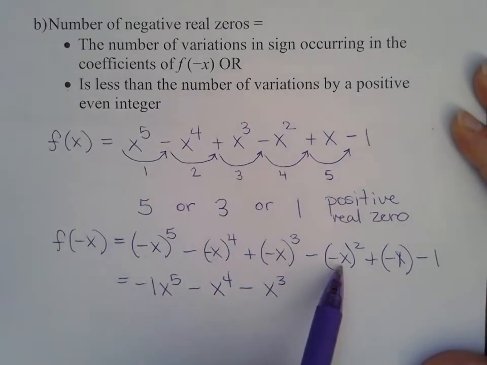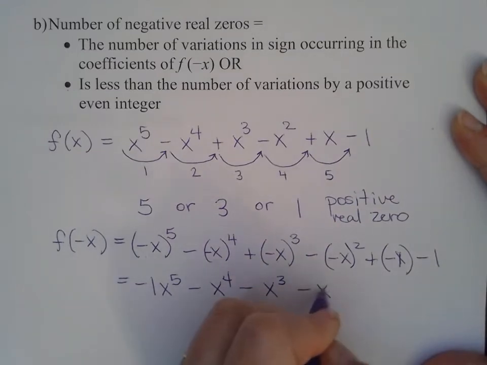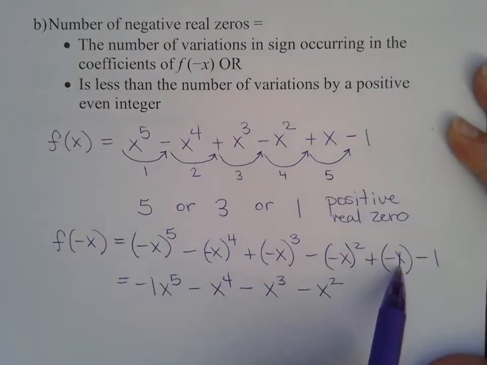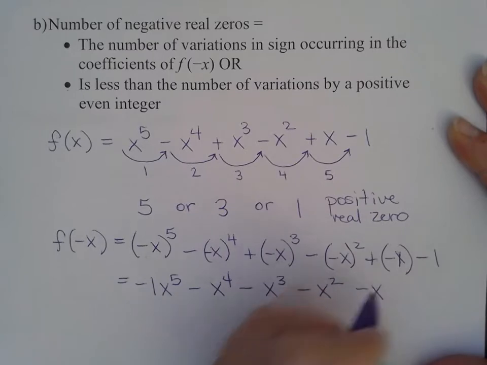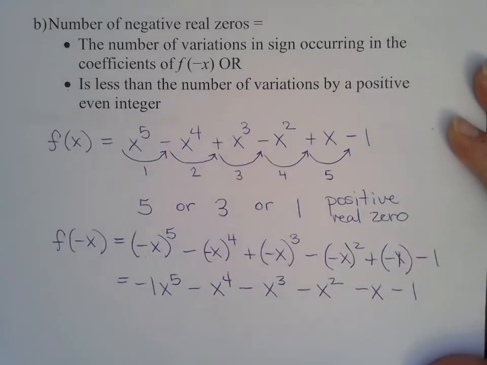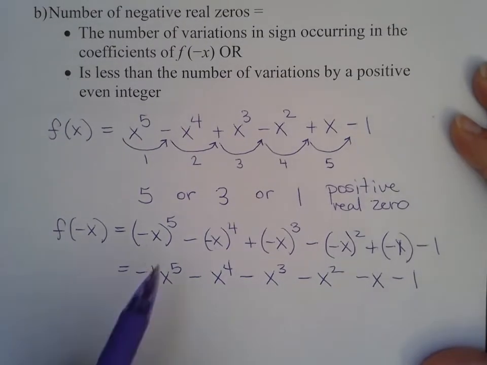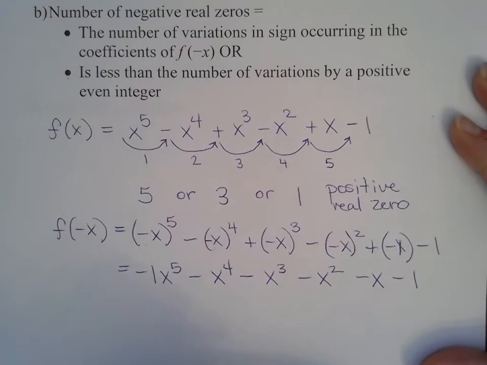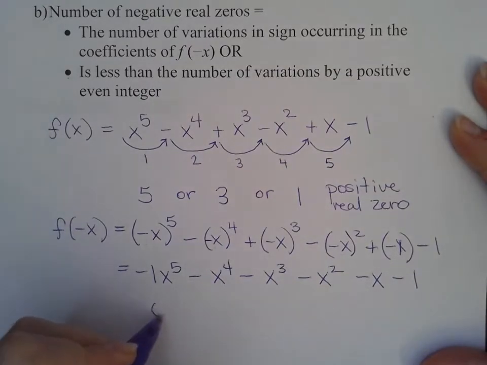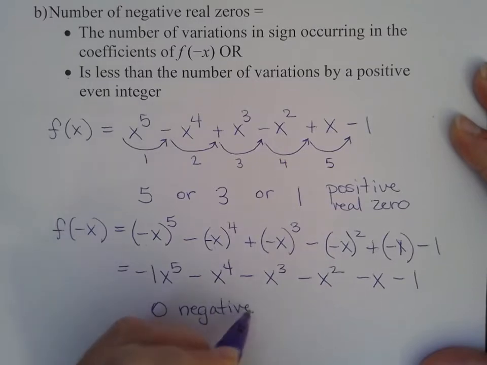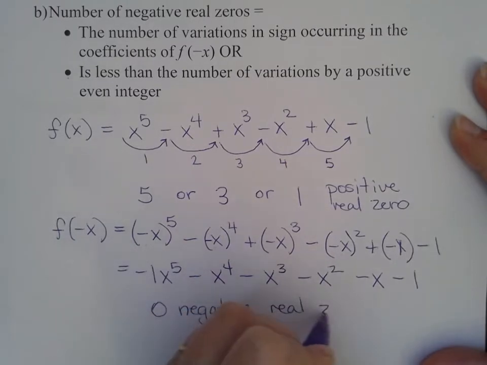If I raise negative x squared, that's going to become positive, but I still have a minus here. And this is a negative x, and this is a negative 1. Oh, this is turning out to be a very boring example. I'm sorry. Okay, so in this case, we don't have any changes in sign, so there would be 0 negative real zeros.